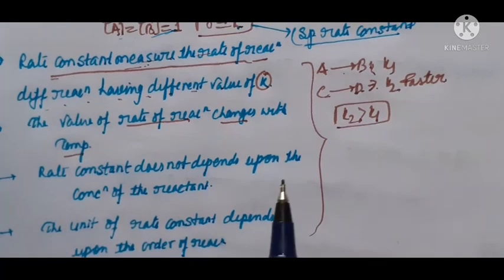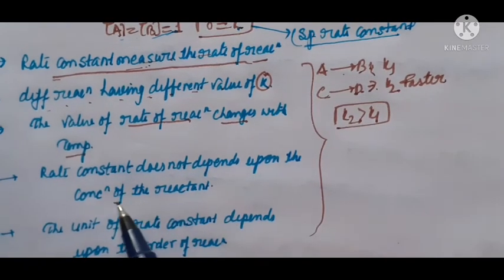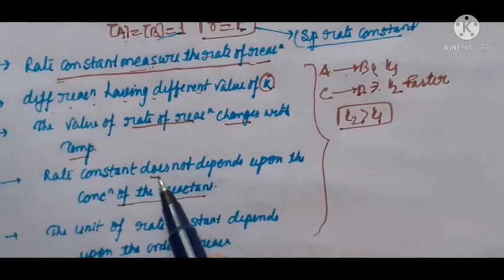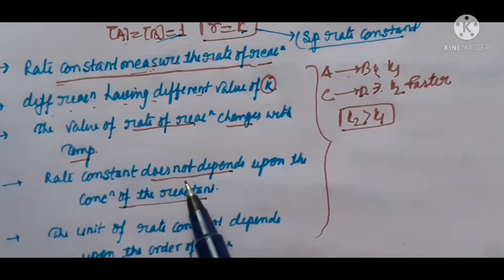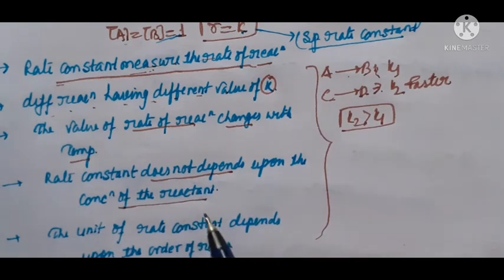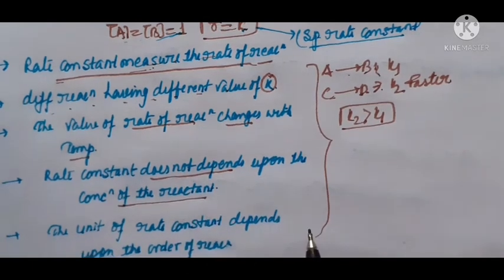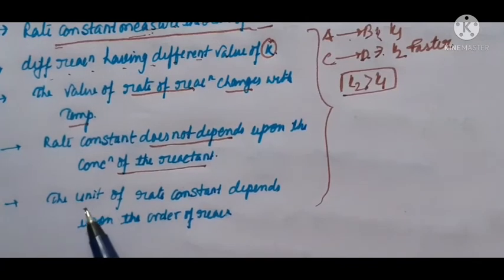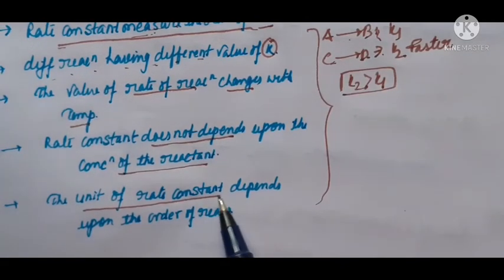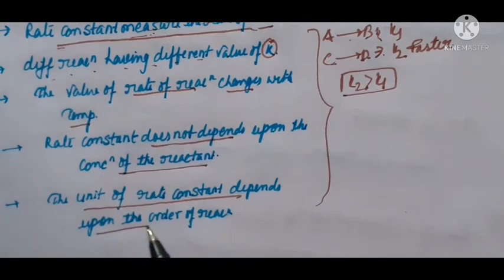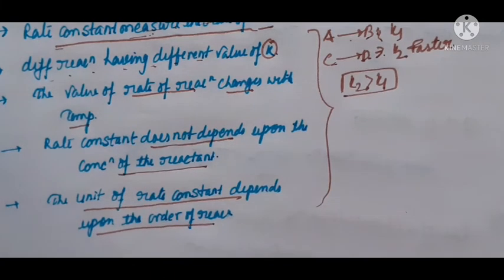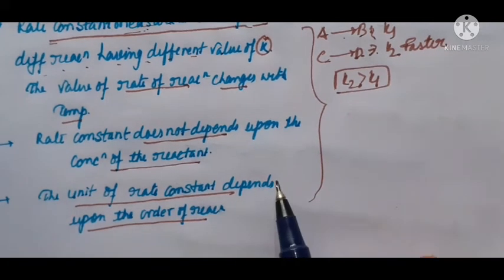The value of rate constant is independent of the concentration of the reactant. And the last point, the unit of rate constant depends upon the order of reaction. The SI unit of K, which we will discuss later on, will be different for different orders of reaction.